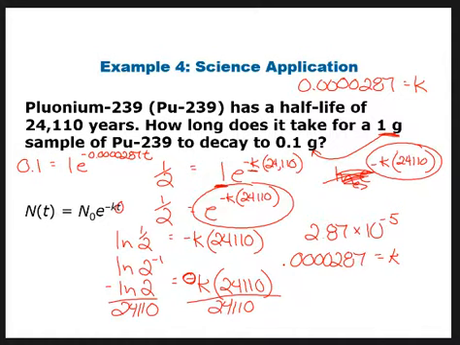You have to figure out what K is before you can go back and solve for T. And I'm not going to go through the process of solving for T because that's really very similar in nature to how we solve for K in the first place. And your answer for something like this, if you want to go ahead and work it on your own, is probably going to be somewhere in the 80,000 range. So it's going to take a long time for that thing to decay to that point.